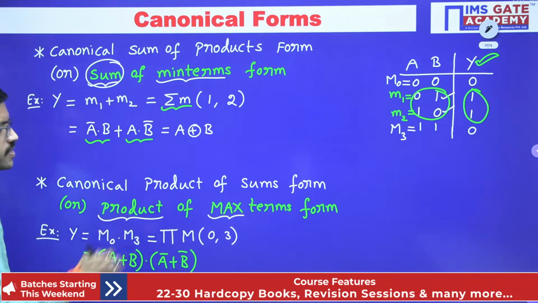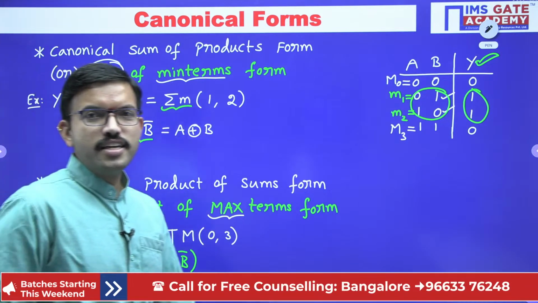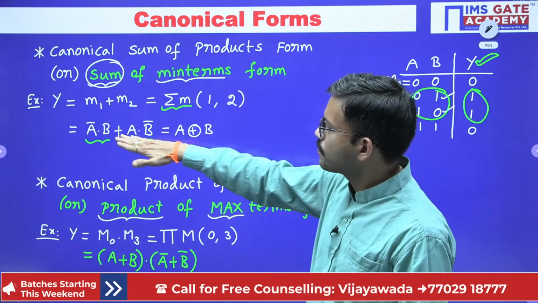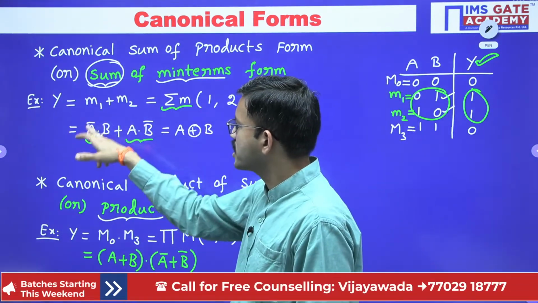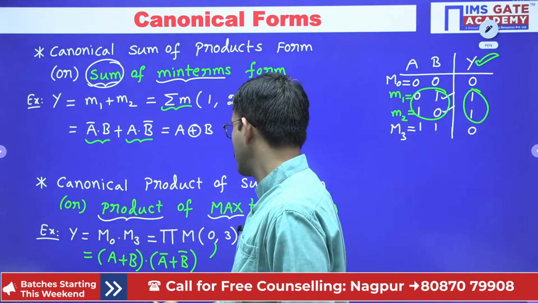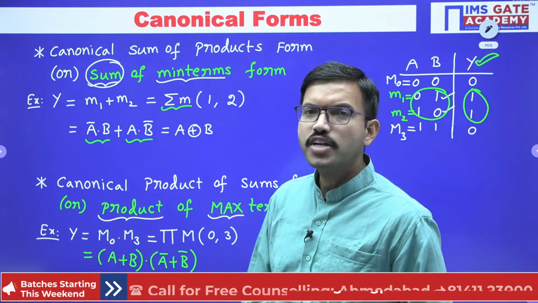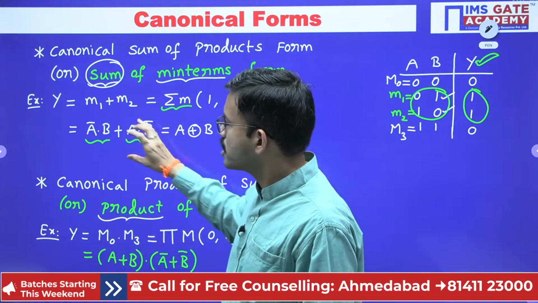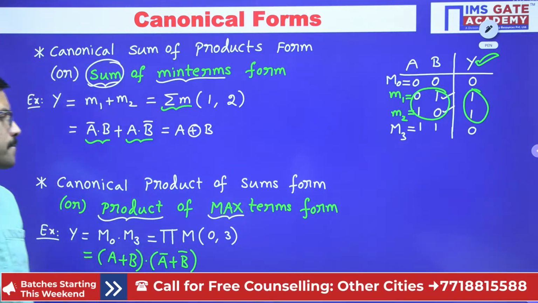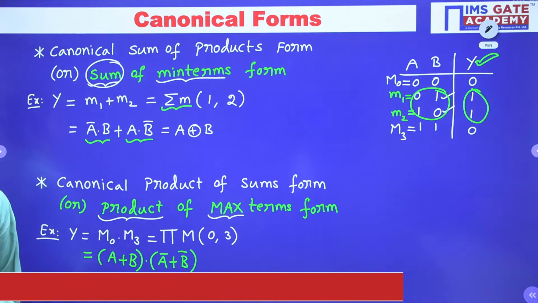Now tell me whether this equation and this equation are equivalent or not. Earlier we got this equation, and now we got the equation for y like this. All of you kindly check and respond.